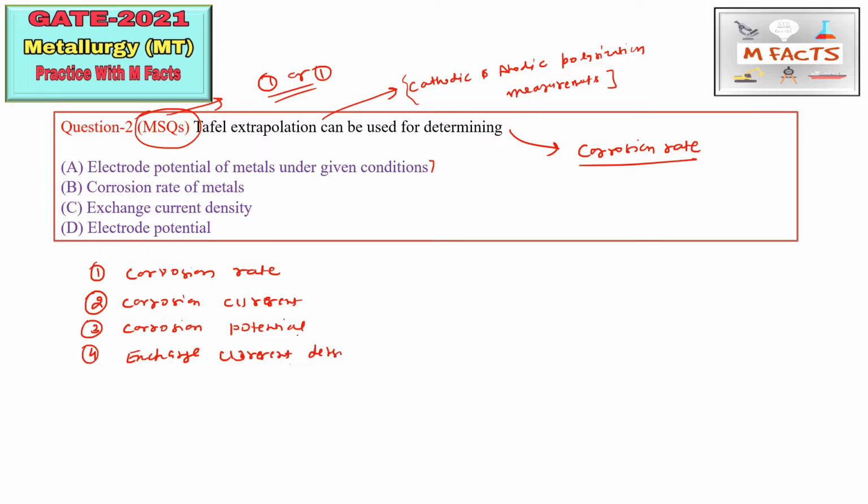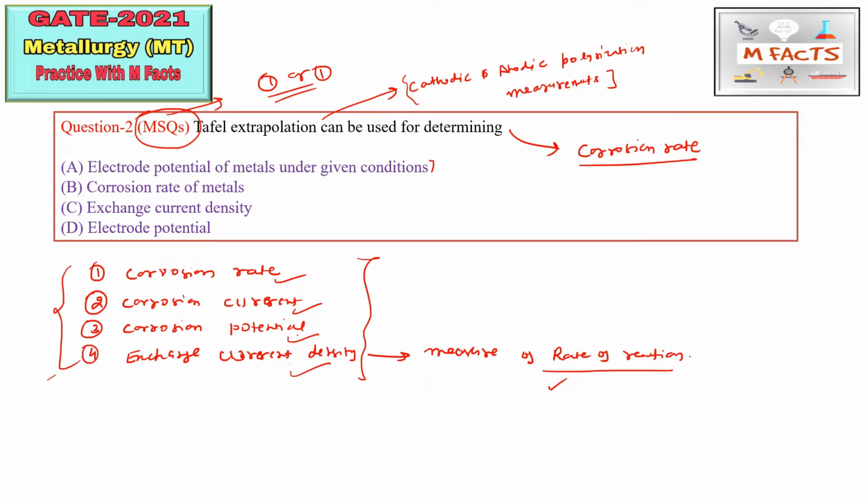So these are the things we can measure through Tafel extrapolation: corrosion rate, corrosion current, corrosion potential, and exchange current density. The magnitude of the exchange current density is a measure of the rate of reaction, so we can also relate Tafel extrapolation to the rate of reaction. These are the four points you need to remember.